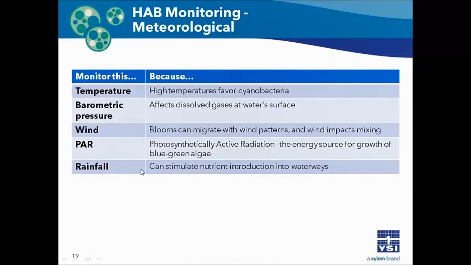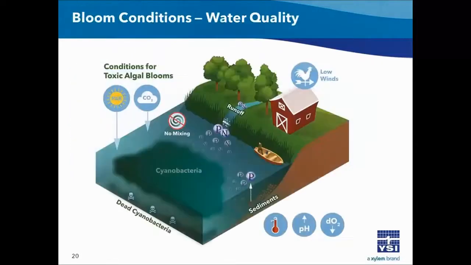If you're monitoring these things and you start to see changes that might favor a harmful algal bloom, you know to be on the lookout. Rainfall is important not while it's happening, but really after it's happened. So for instance, this past weekend we had a lot of rain in this area. And guess what? This week we're starting to see a bloom crop up in the western basin of Lake Erie, and I'm going to show you a picture of that later.